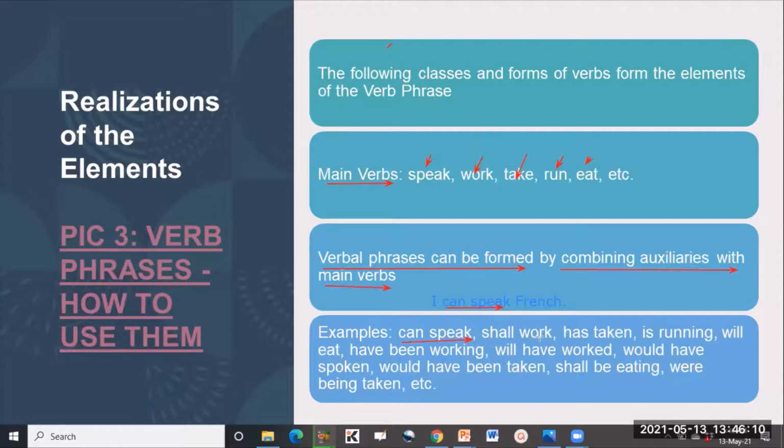Shall work: I shall work on the farm this evening. Has taken: Mommy has taken an umbrella. Is running: Mary is running to the school. Will eat: Jack will eat all the food.